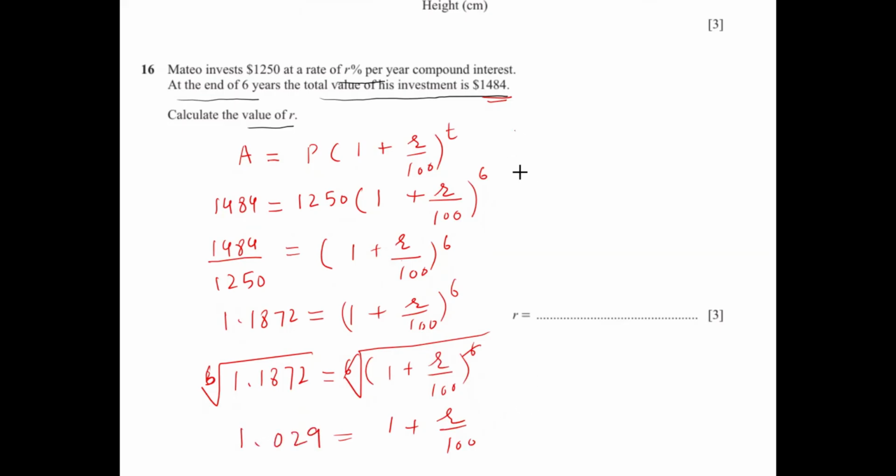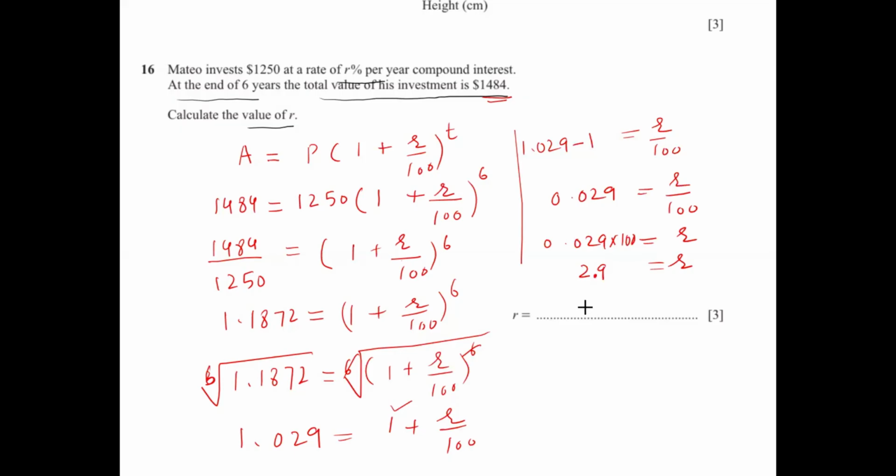And we can write R over 100 equal to 1.029 minus 1. The value of 1 we shift from right to left side, it becomes minus 1, and this value R over 100 equals 0.029, and therefore R equals 0.029 multiplied by 100, and this value becomes 2.9. Therefore R is 2.9%, this is the rate, and this is the answer.